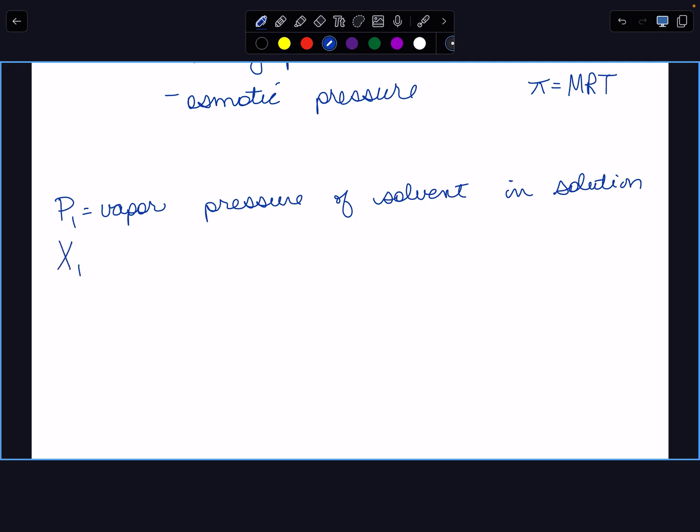Have we talked about X and what X means? Did we do any calculations with X? Yes, we talked about mole fraction. X1 is a mole fraction, so it's the moles of the solvent divided by the total moles of the solution. And then P1 standard is the vapor pressure of the pure solvent.